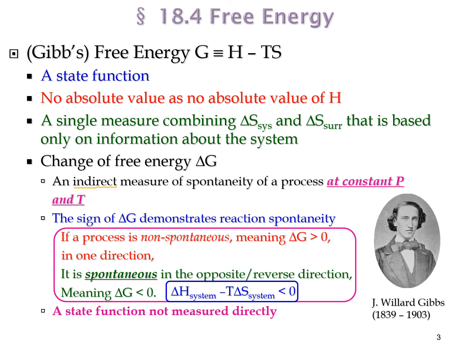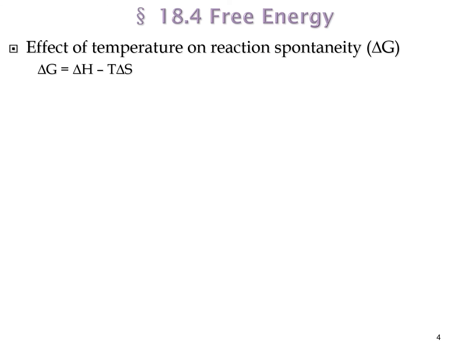So one more time, I'd like to emphasize how important this subtraction is for the second law of thermodynamics. If we want to have the spontaneous process, delta H of the system minus T times delta S of the system must be less than 0. Now we understand that the delta H minus T times delta S is the representation of the second law of thermodynamics.